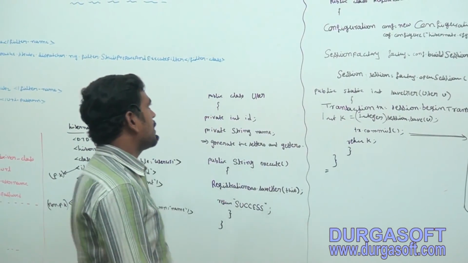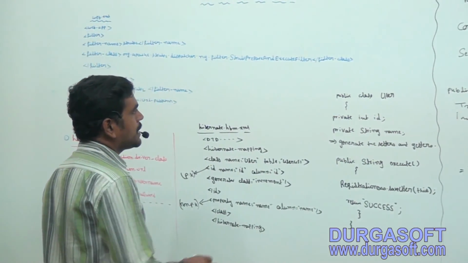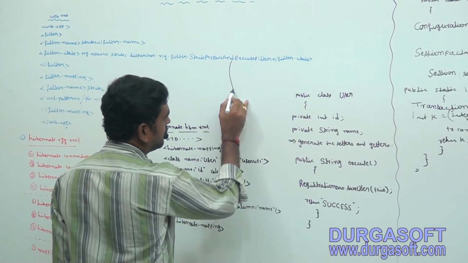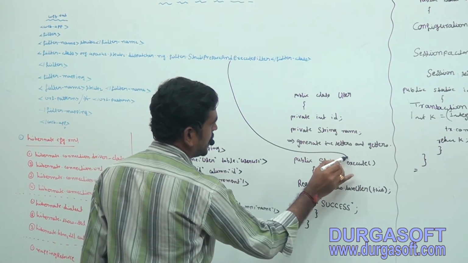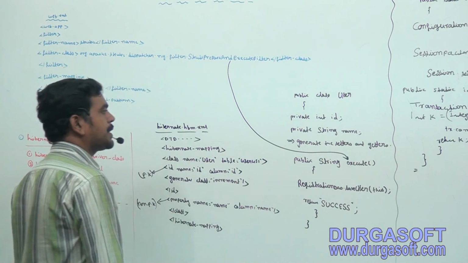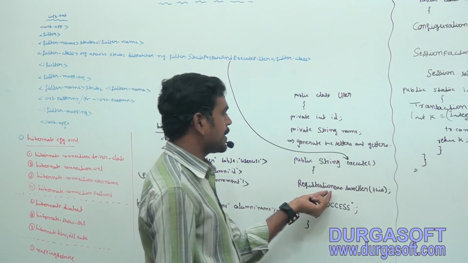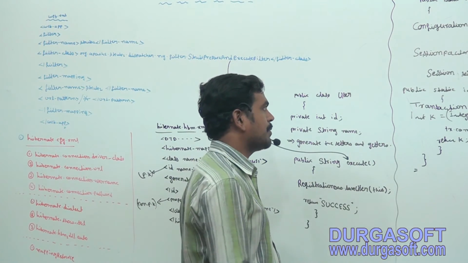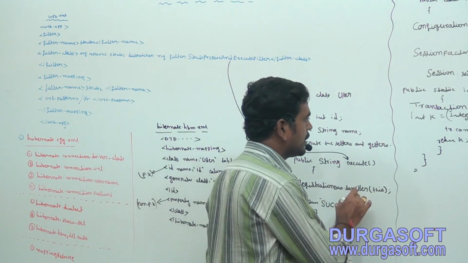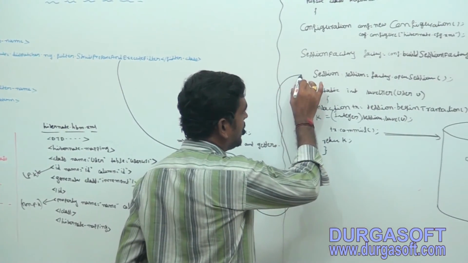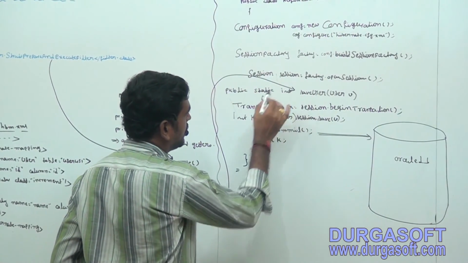Okay, now our Struts controller is going to be calling this execute method. Whenever this execute method is called, then RegistrationDAO dot saveUser. Now automatically this class is going to be activated, and it is going to call this method.